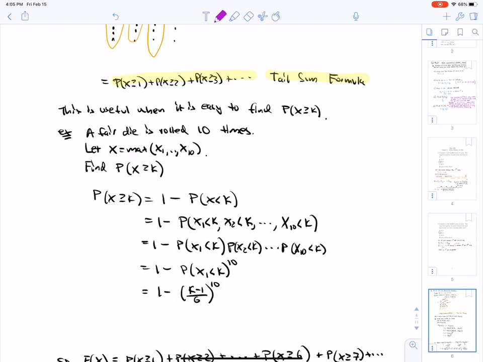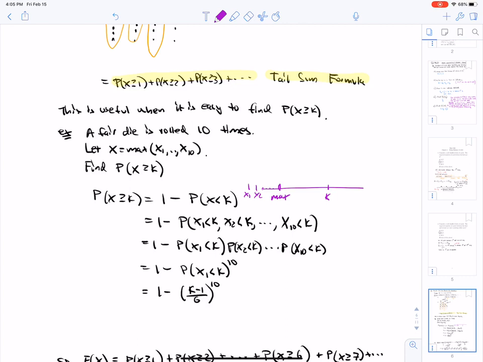If the max x is less than k, that means that all of your x1, x2, up to x10, clearly all of these xi's are less than k.